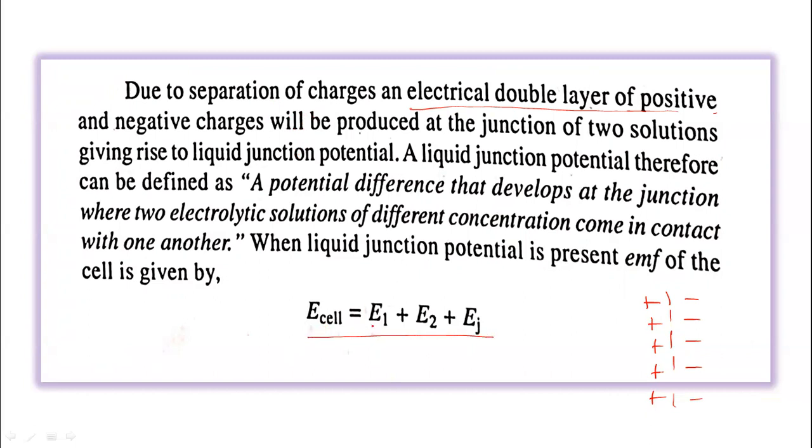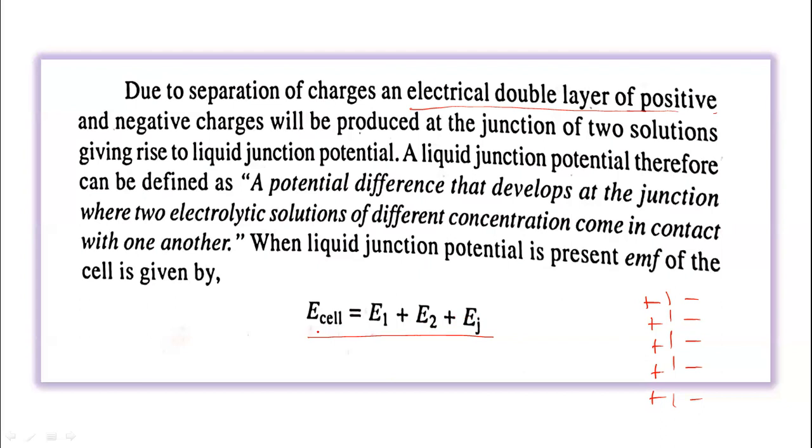EMF of the cell is equal to E1 plus E2 plus EJ, where E1 is the electrode potential of the left-hand side electrode, E2 is the electrode potential of the right-hand side electrode, and EJ is the liquid junction potential developed at the contact between the two electrolytes. So the addition of these three potentials is equal to the EMF of the cell.